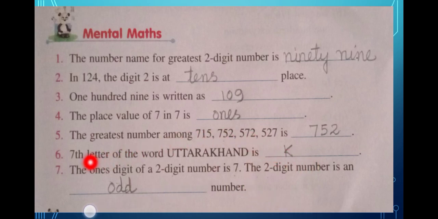Now you have to understand this one a little bit. Okay, number 7, you need to listen nicely. Okay, the ones digit of a 2-digit number is 7. That means a 2-digit number, but in the ones place it is 7. That means maybe it is 17 or maybe 27, 37, 47, any number, but in the ones place it is 7.